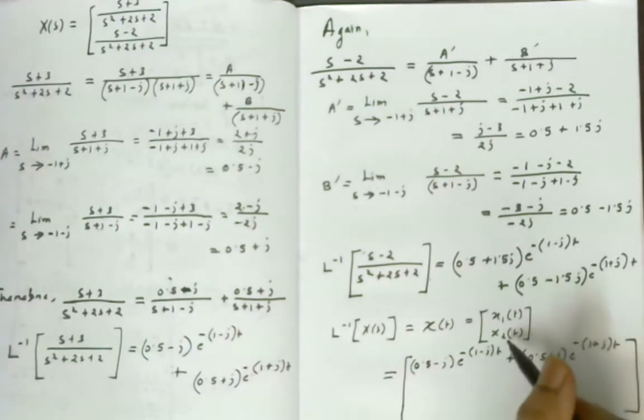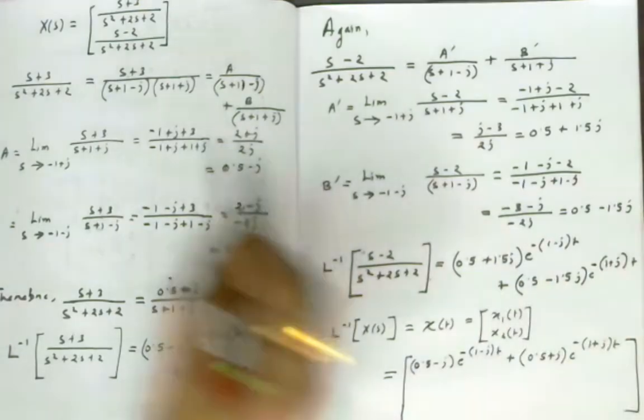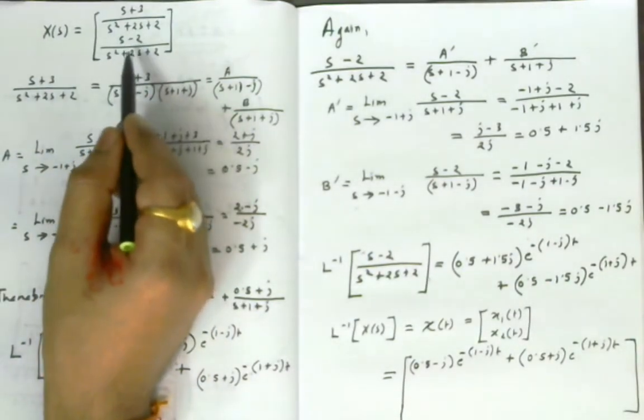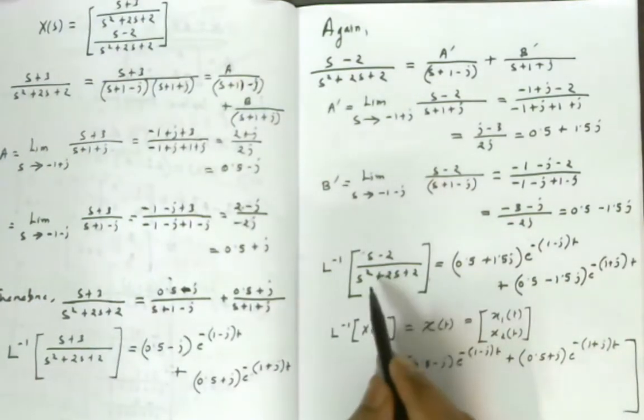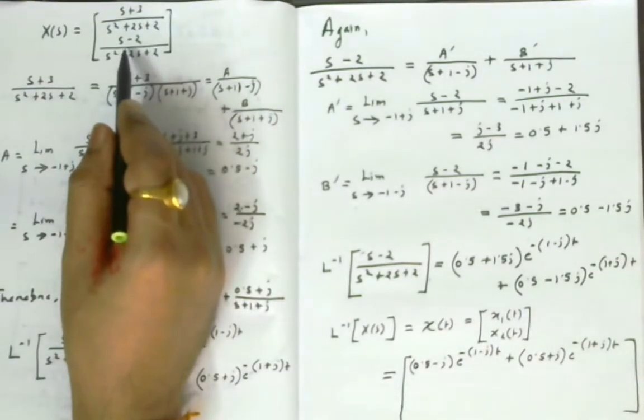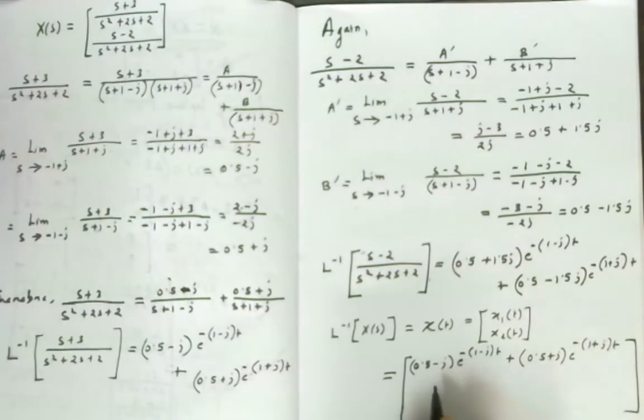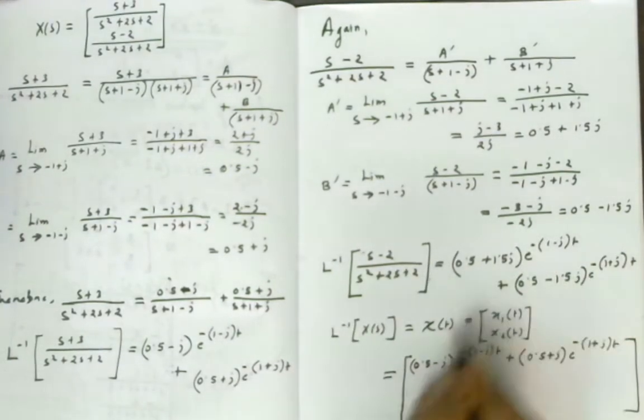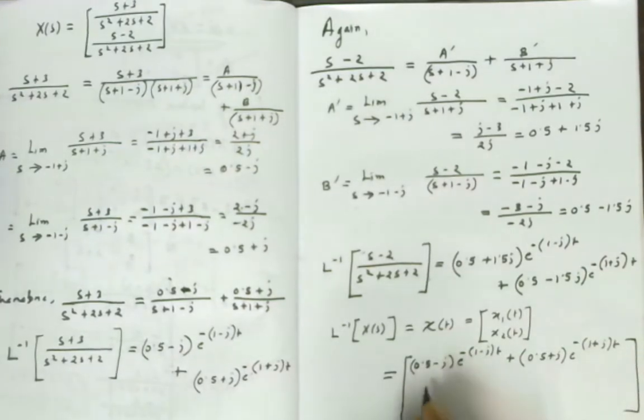And what about x2(t)? x2(t) is the inverse Laplace of that part, the lower part of the solution. So this must be the expression for this lower part.